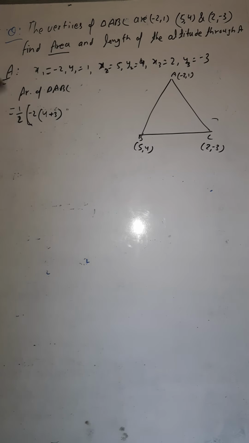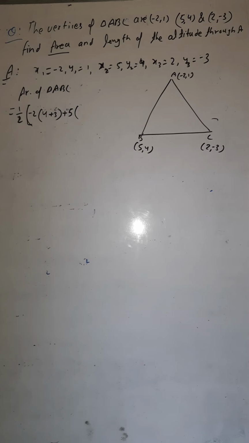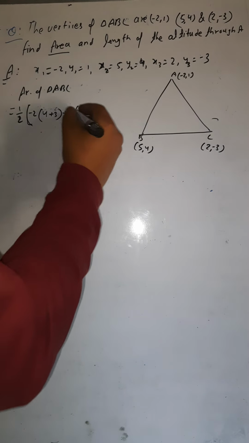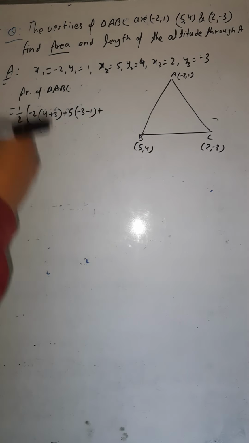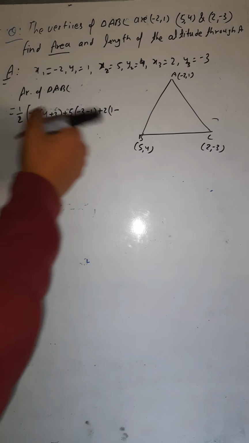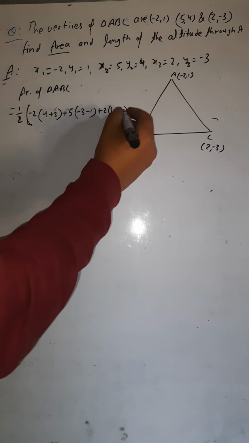Then you have x2, which is 5. Inside, y3 minus y1. So y3 is -3 minus y1, that is -1. Then plus x3. x3 is 2. Then inside y1 minus y2. y1 is 1 minus y2 is -2. So this minus would become plus.